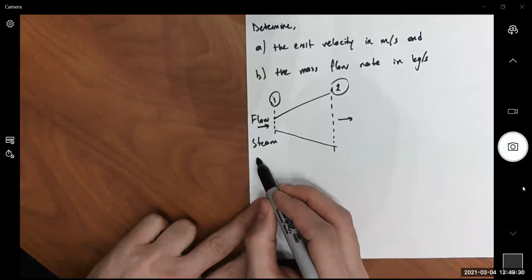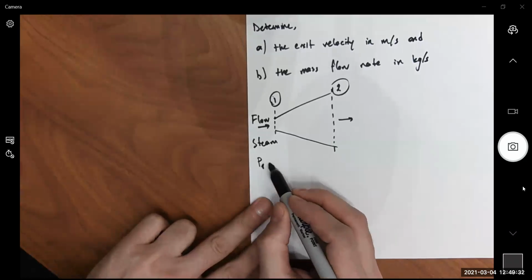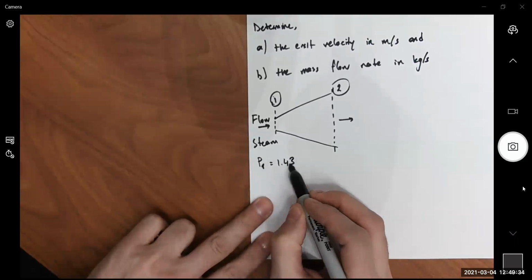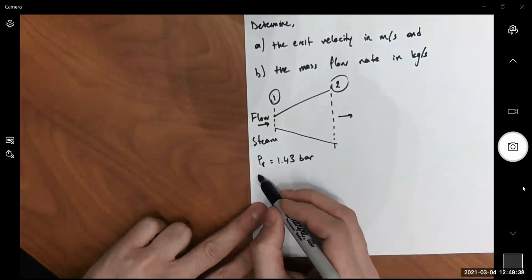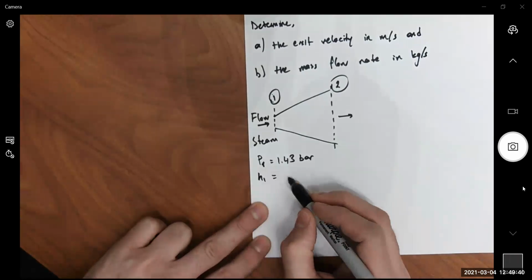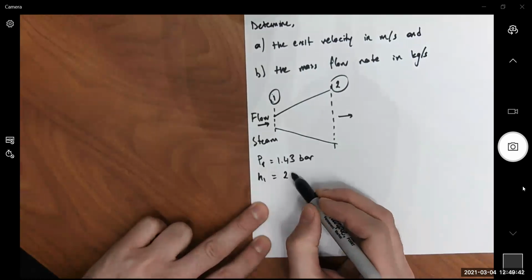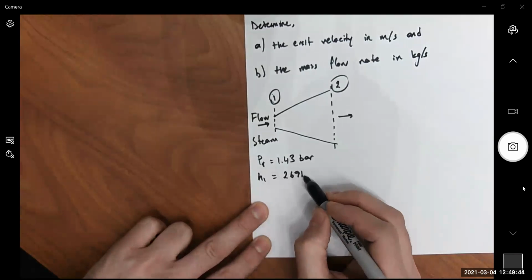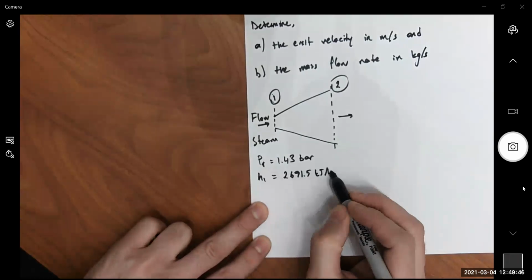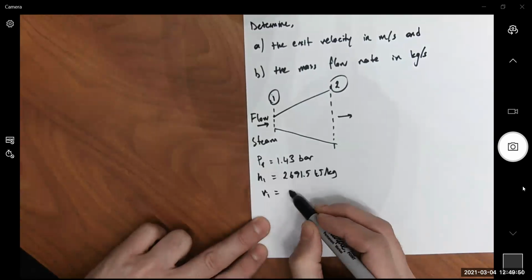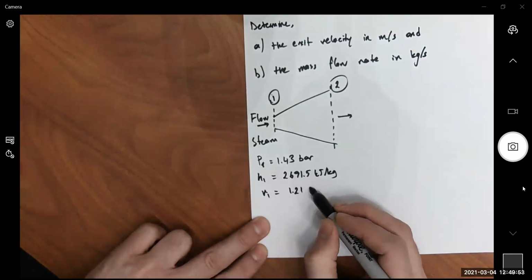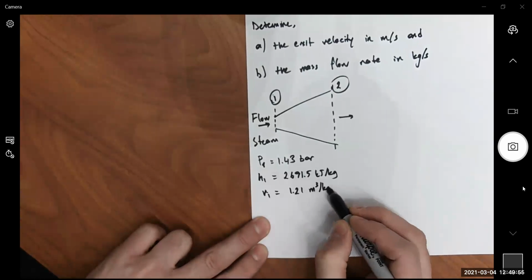Pressure at the inlet, or 1, will be 1.43 bar, right? Enthalpy, 2,691.5 kilojoules per kilogram. And specific volume at the inlet, 1.21 meter cube per kilogram.